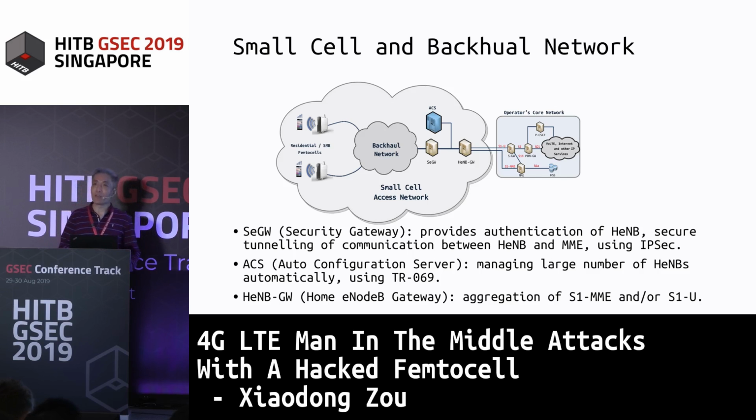Since there may be, in China, more than 40,000 small cells in a big city, they need to be managed by an auto configuration server. They run TR69. And the last one is the HeNB gateway, which provides aggregation of the S1-MME and S1-U.